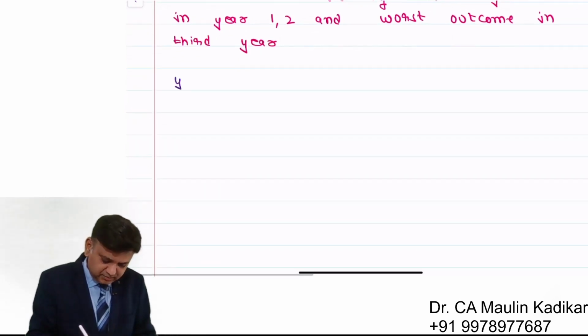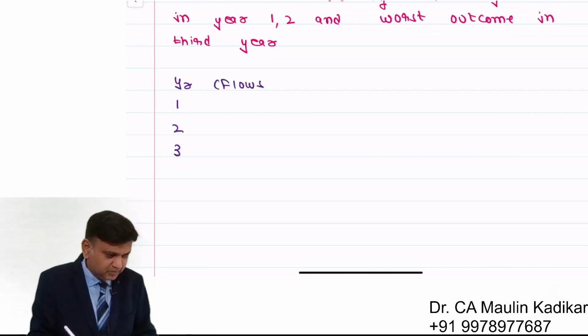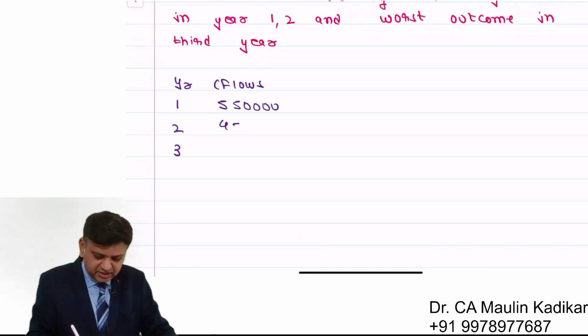First year, second year, third year cash flows. First year 5,50,000, second year 4,50,000, and third year 7 lakhs.